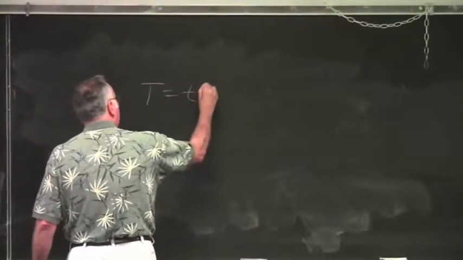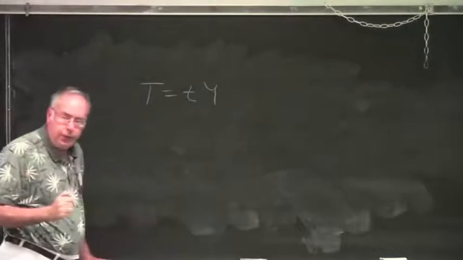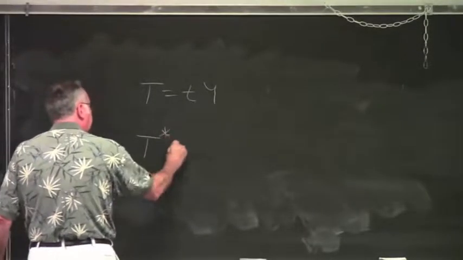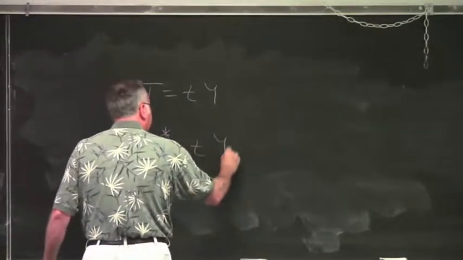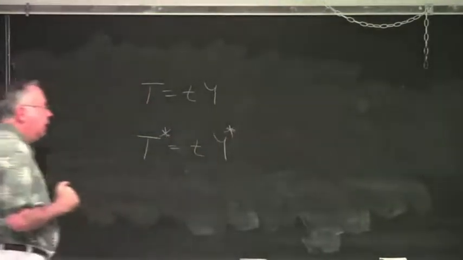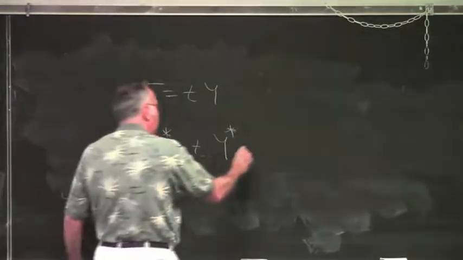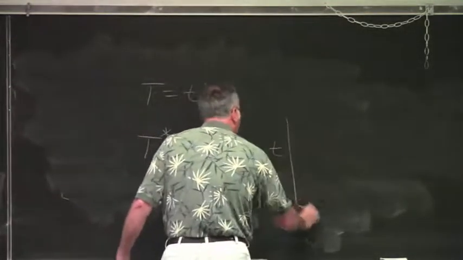Yeah, because we have T is equal to ty. So that also means the equilibrium value of taxes is going to be t times Y star. We've already got an expression for Y star. So all you have to do to get T star is just to plug into this formula for Y star. And you recall our expression for Y star was this expression within brackets.